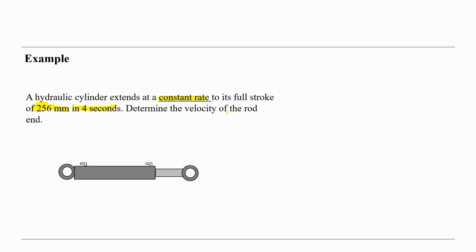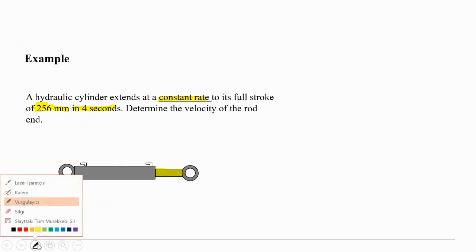So determine the velocity of the rod end. This is the cylinder, this is the body, this is the piston, and the rod is moving here. Let's call it the piston rod, and we have to calculate the speed of the piston rod.